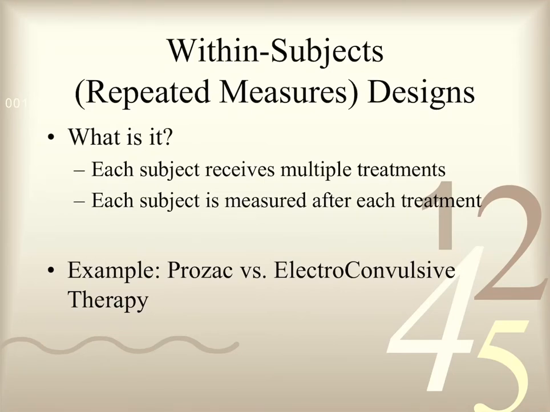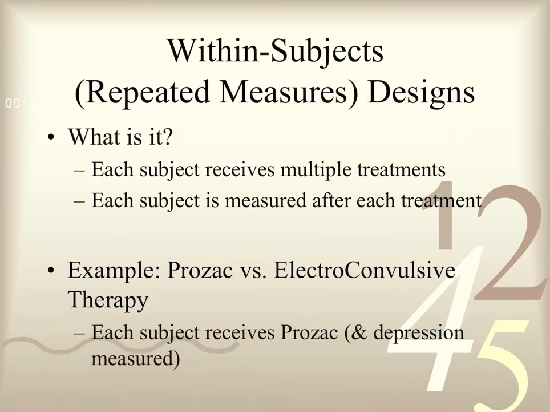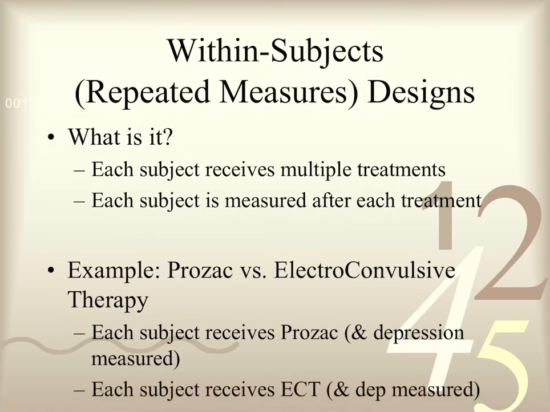So what we want to know is which of these two makes depression go away faster or more fully, Prozac or ECT. So what we're going to do in our experiment is every participant receives Prozac and their depression is measured. And every participant receives ECT and then their depression is measured. So every person will have received both of these treatments by the end of the experiment.